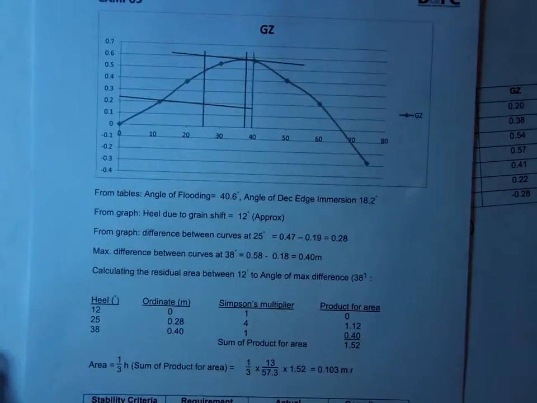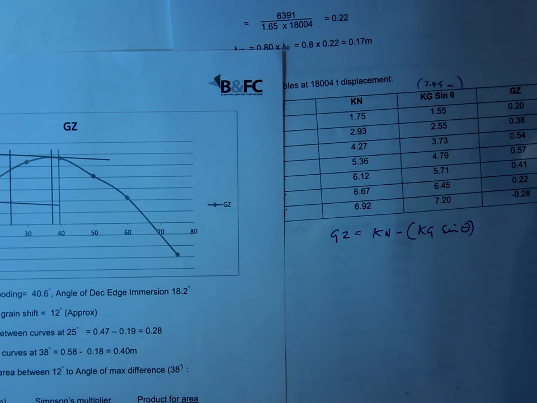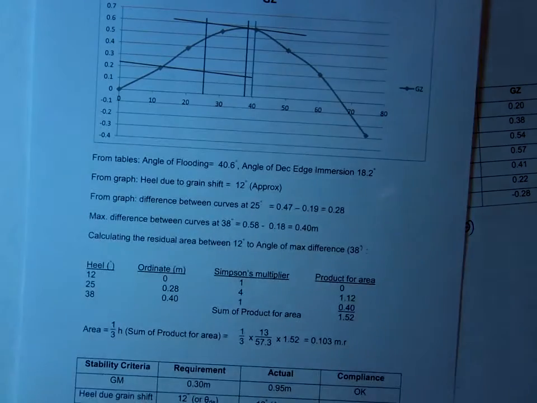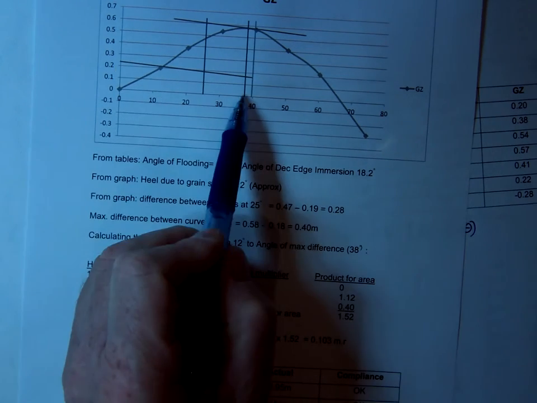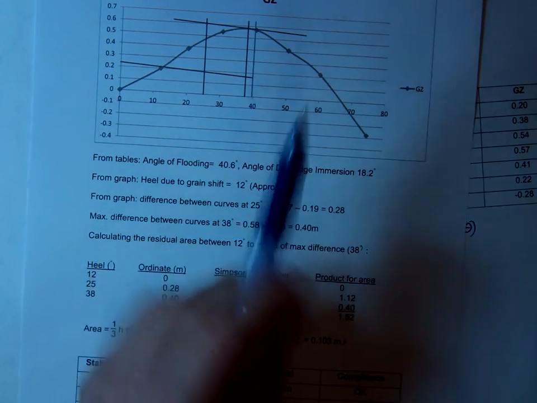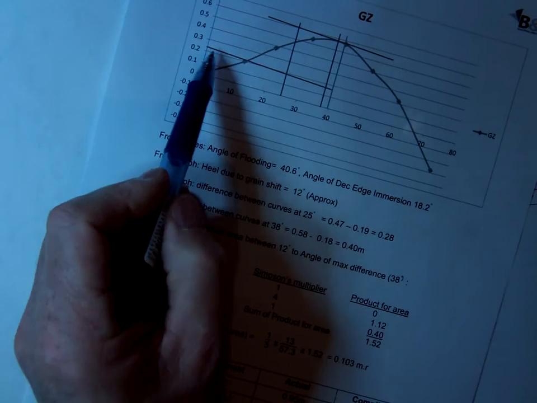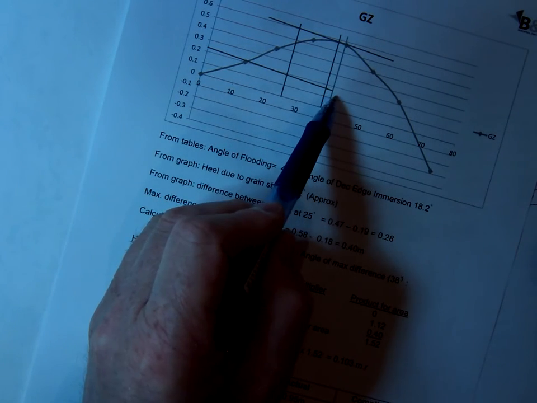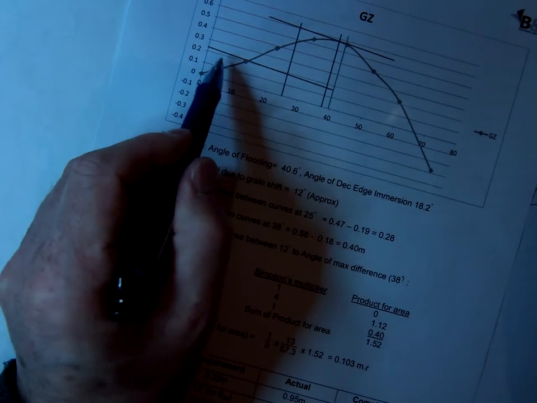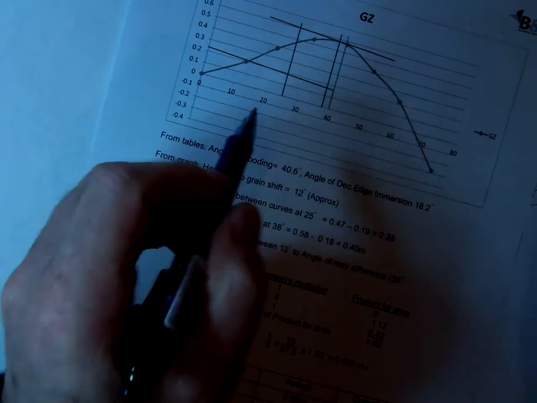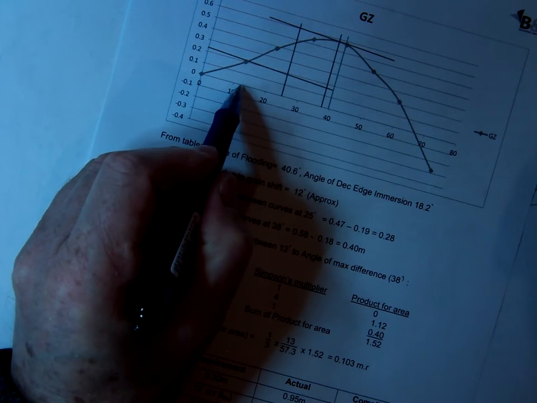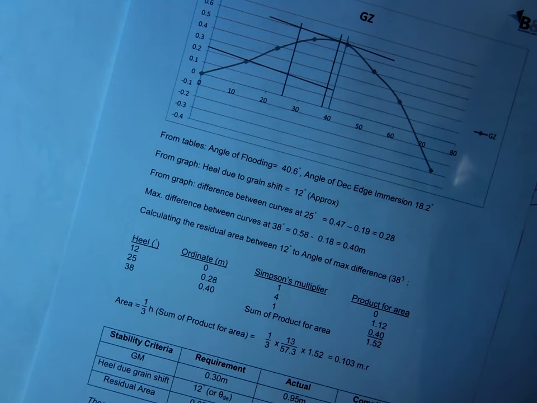On our graph, at 0 degrees 0.22 and 40 degrees 0.17, we drew our line straight across. Where the two intersect, we would come straight down, and that is the angle of heel due to grain shift.